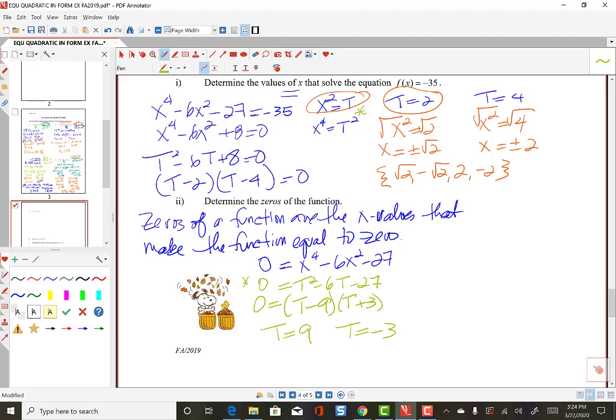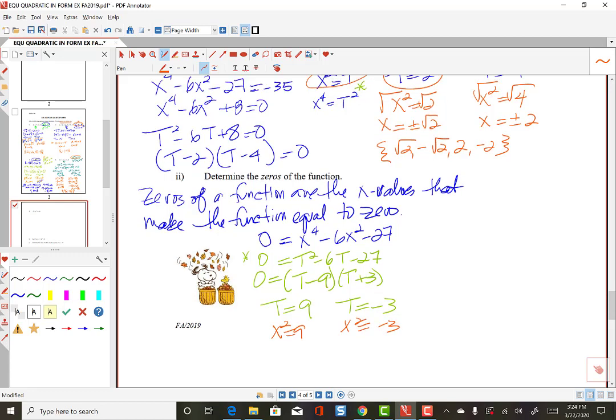Okay, so let's go back to our original variable. So I would say x squared is 9, or that x squared is equal to negative 3. So if I was to take the square root of both sides, I would get x is equal to positive or negative 3.